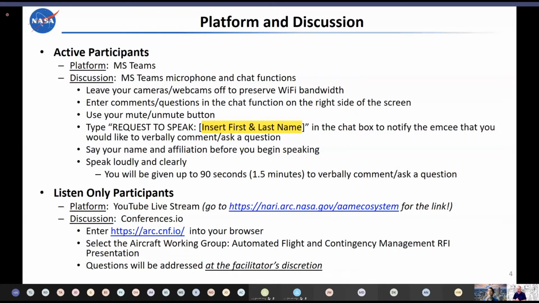Talking specific to automated flight and contingency management, we are in the process of having a FAA NASA working group to help identify the high priority technologies and the high priority standards that need to be developed to enable that framework for the more flexible certification of both the vehicle from an airworthiness perspective, as well as the pilot from a flight training perspective.